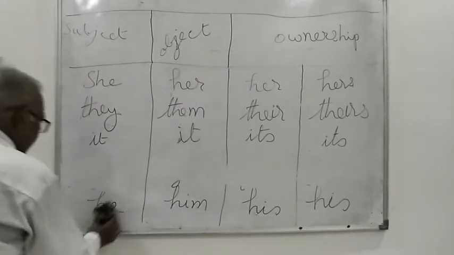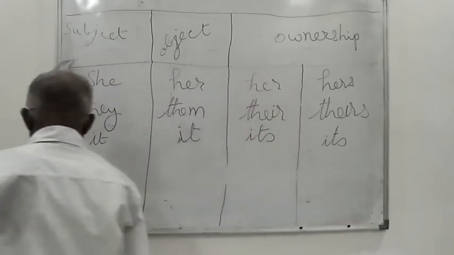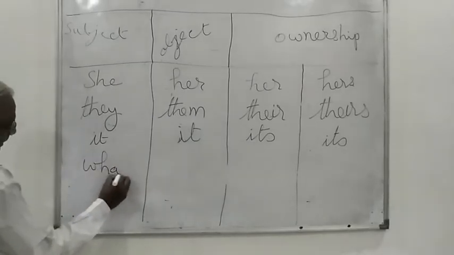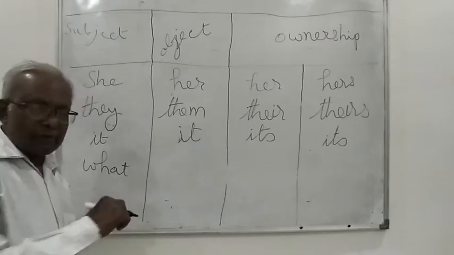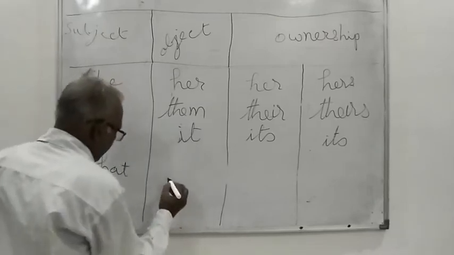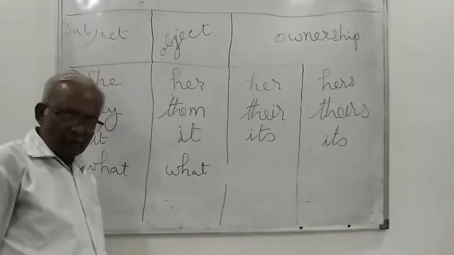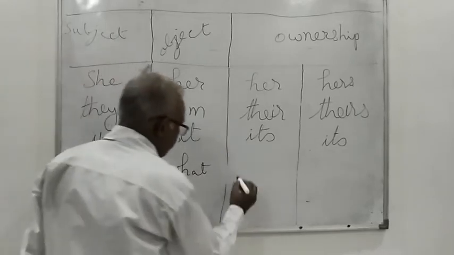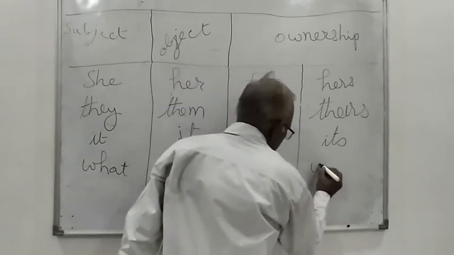Similarly, we can have interrogatives. For example, what? Remember? To find the subject, we ask the question what before the verb, and its object again remains what. To find the object, we ask the question what after the verb. Ownership, you already know, to be whose.